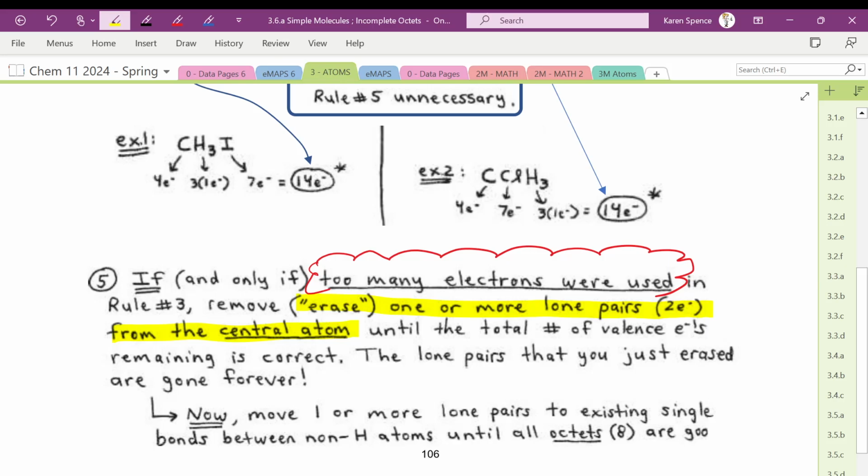Now, I think I actually have a set of these rules. There is a set in the front of your book, but I want you to have a set you can refer to without having to flip to the front of the book. So I'm going to grab that now. Okay.